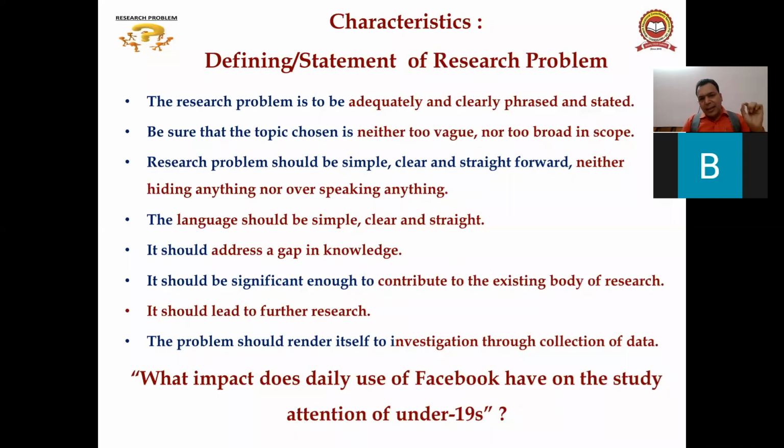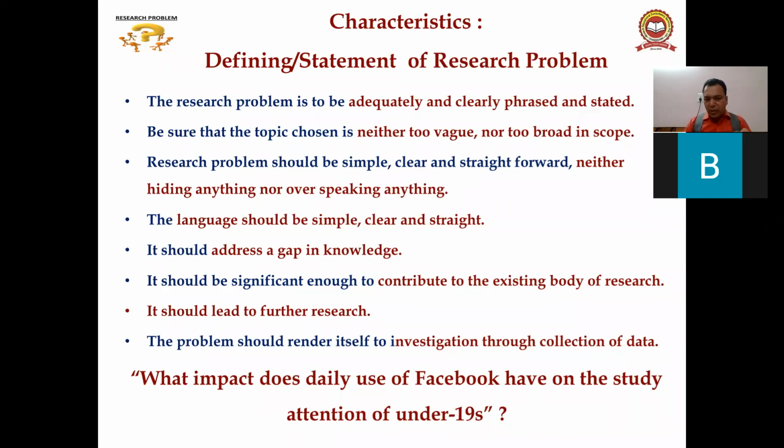Next, what are the characteristics of defining or statement of the research problem? This is very important. First, whatever topic you have selected, now you are going to define it. That topic should be adequately and clearly phrased and stated. See, at the end I have phrased that topic.